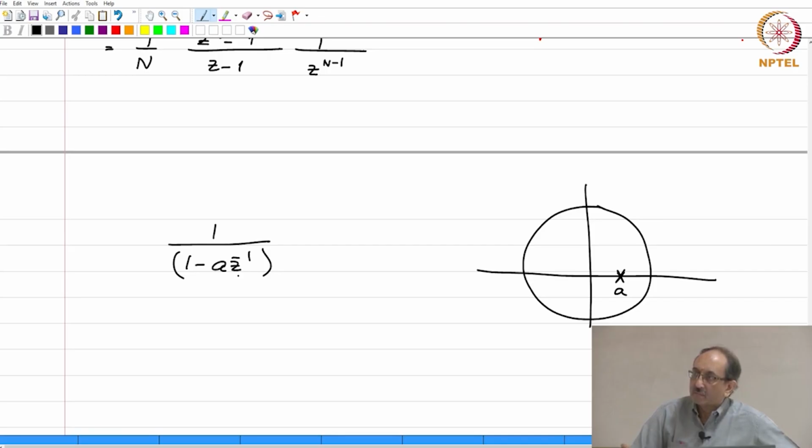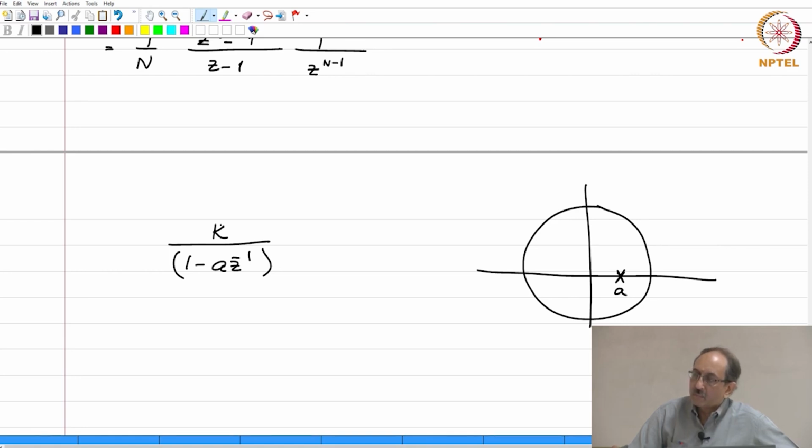And if you do the inverse transform, then if you do partial fraction expansion, you will get k by 1 minus a z inverse as one of the terms in the partial fraction expansion.